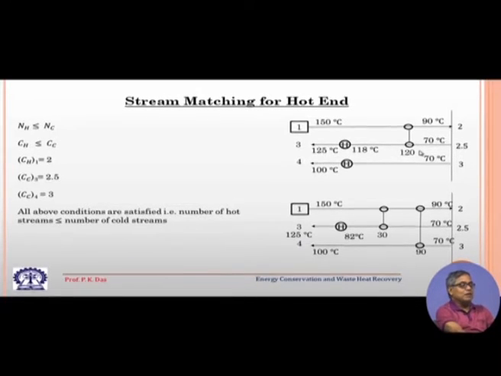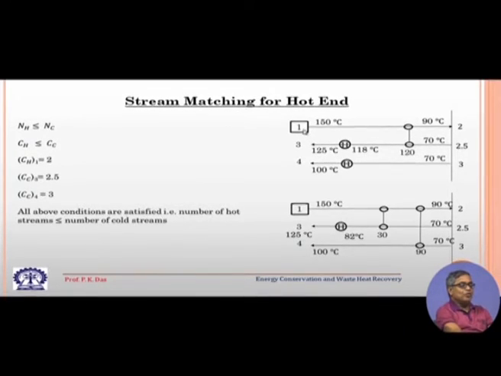So, what can we think of? We can think of a match between stream 1 and stream 3. So, this kind of a match we can think of, and 120 will be the amount of heat exchange in this heat exchanger.